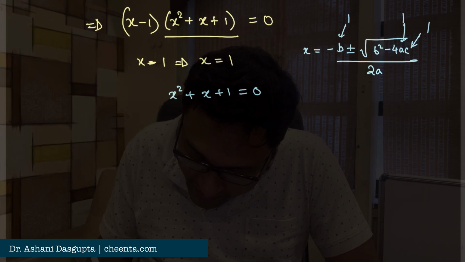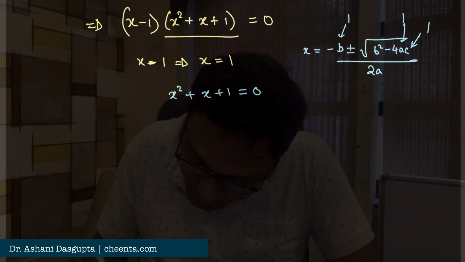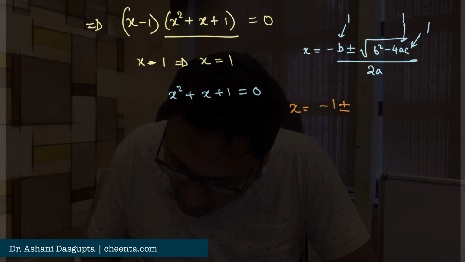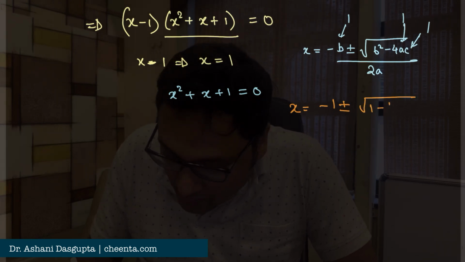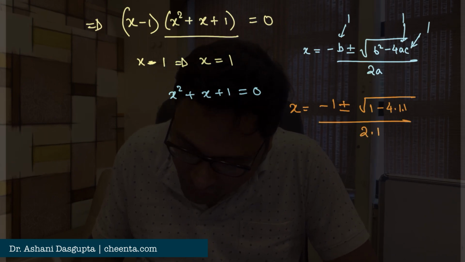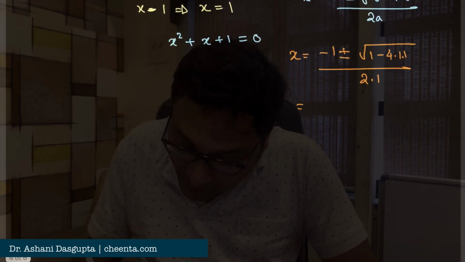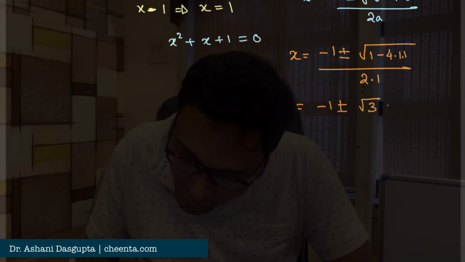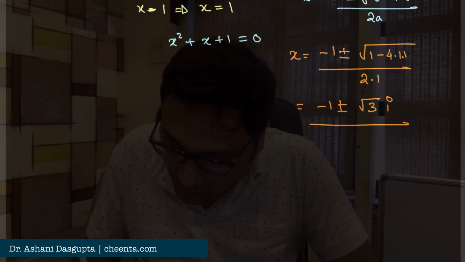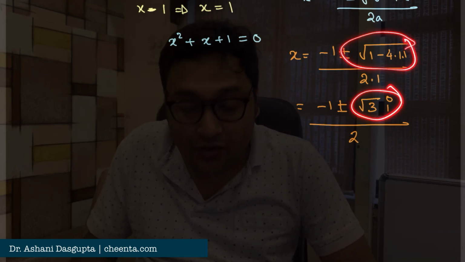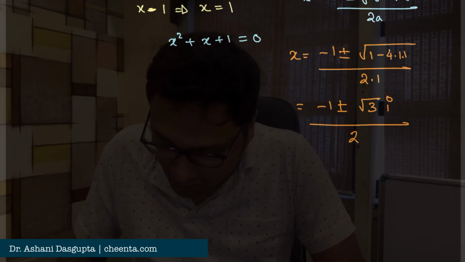So x is equal to minus 1 plus or minus square root of 1 minus 4 times 1, divided by 2 times 1. That is minus 1 plus or minus square root of 3i by 2. This is the square root of negative 3, which is square root of 3 times i, the imaginary number.